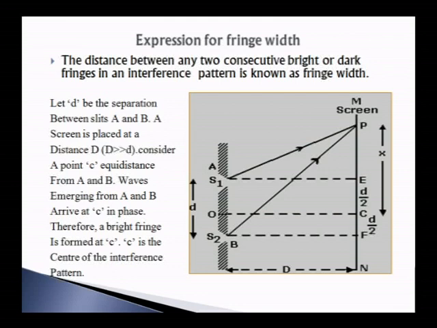This is an expression to calculate the fringe width. What does the fringe width stand for here? It is the distance between any two consecutive bright or dark fringes in an interference pattern.